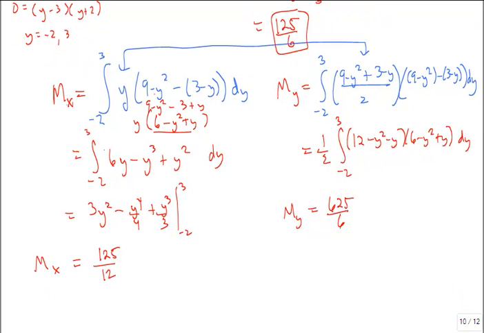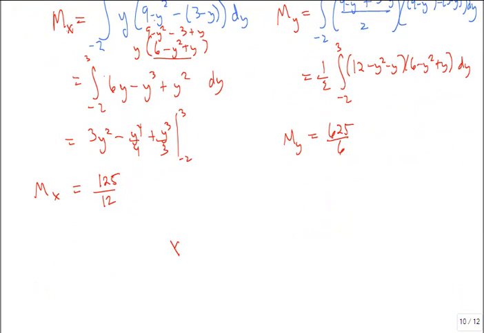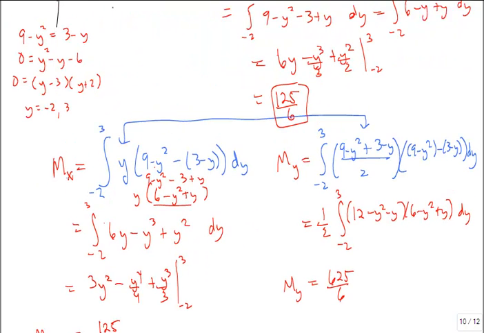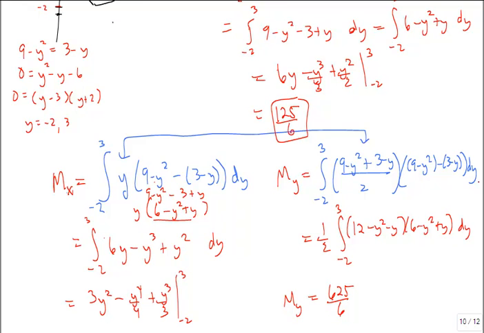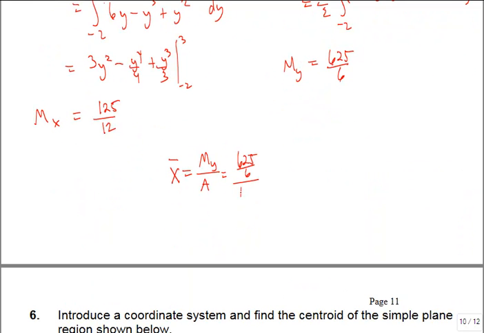So to get the actual centroid, we want x bar, which is going to be the moment about y over our area. So that's this 625 over 6 divided by our area, which was 125 divided by 6. The 6's cancel, and 625 divided by 125 is 5.